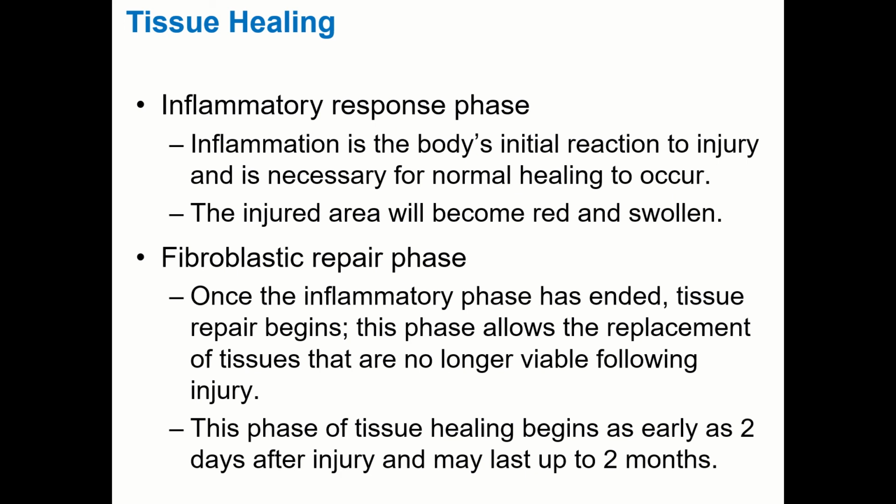During this fibroblastic repair phase, we want to be particularly cautious of not overdoing it. We have our athlete work through, starting with range of motion, which you'll see some in the inflammatory phase as well. Once they've got good pain-free range of motion, we'll have them start doing resisted exercises, starting with isometric exercises, where they contract the muscle but there's no change in joint angle.